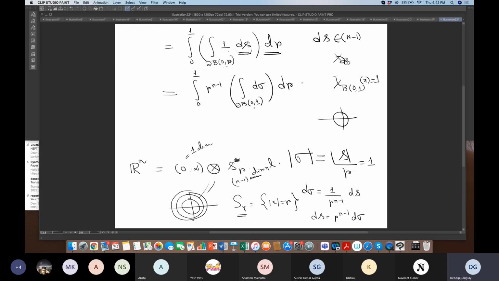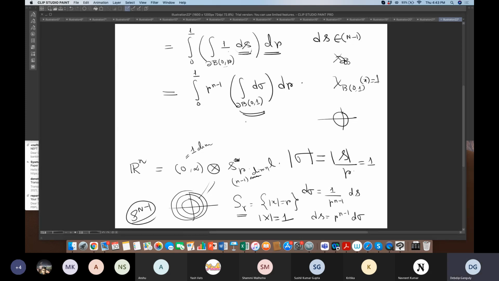Okay. So this is a measure of S_1, which is a fixed quantity. S_1 is a sphere, an (n-1)-dimensional sphere in essence. So |x| equal to 1. The measure of it is a fixed quantity, because this is S^(n-1). You know what is S^(n-1), right?